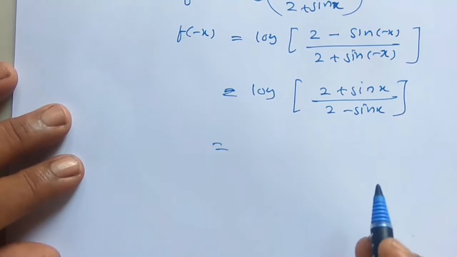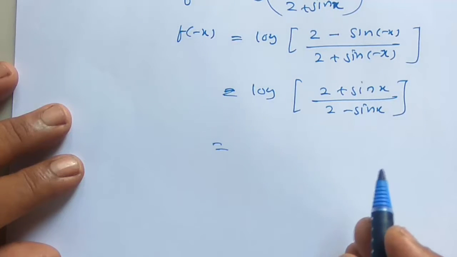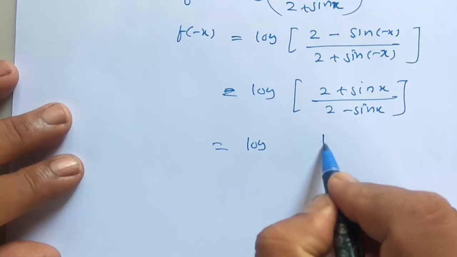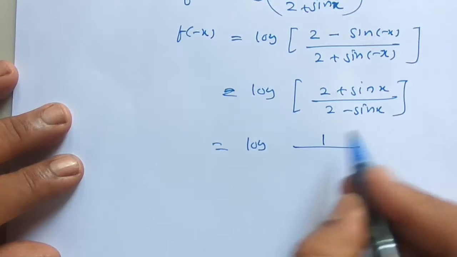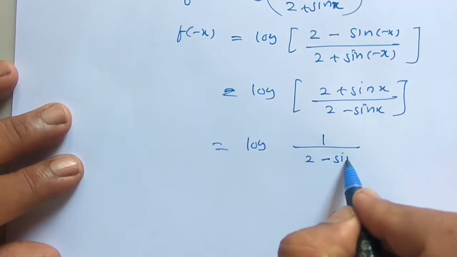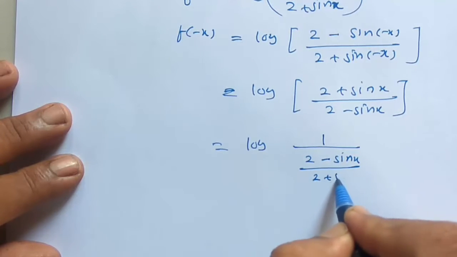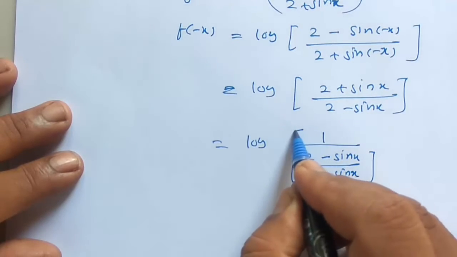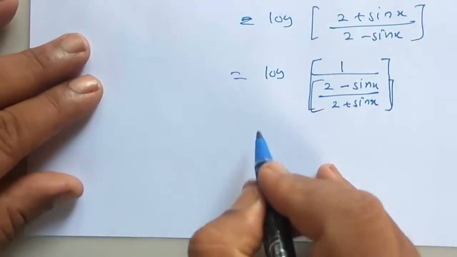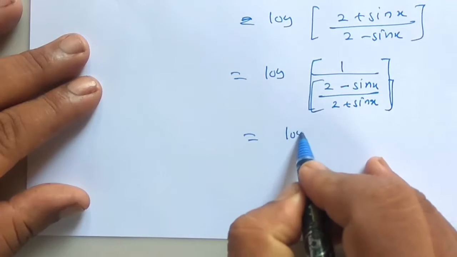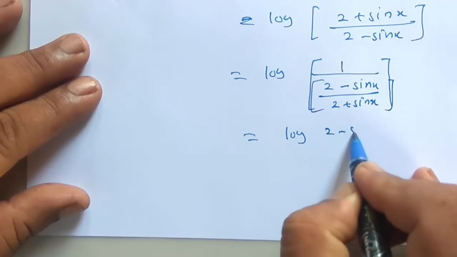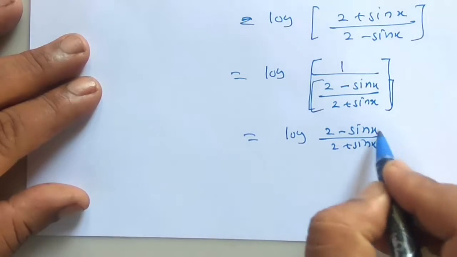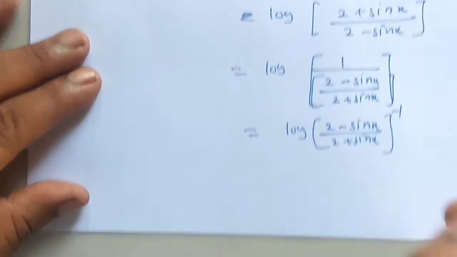Therefore, this is log of 2 plus sin x upon 2 minus sin x. So this is equal to log of 2 minus sin x upon 2 plus sin x, all raised to the power minus 1, since it is inverted.